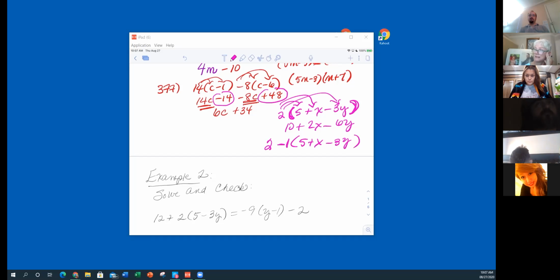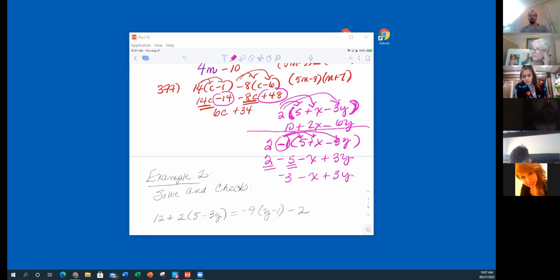Does that make sense? Kind of, but not really. You would distribute the negative 1 before you did the 2. That is right. So I'd have 2 minus 5 minus x plus 3y, and then I would combine the 2 and the negative 5, and that would give me negative 3 minus x plus 3y. Okay.